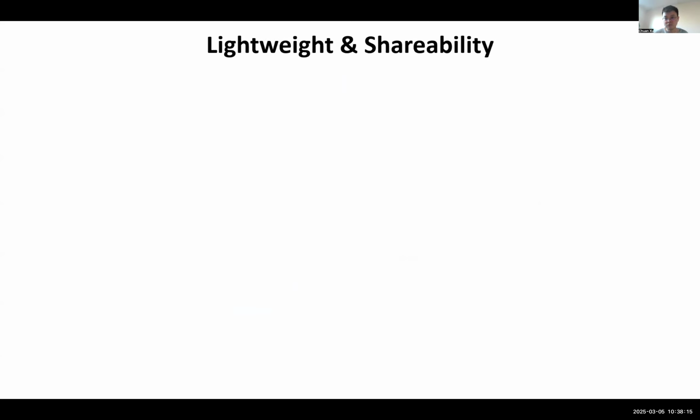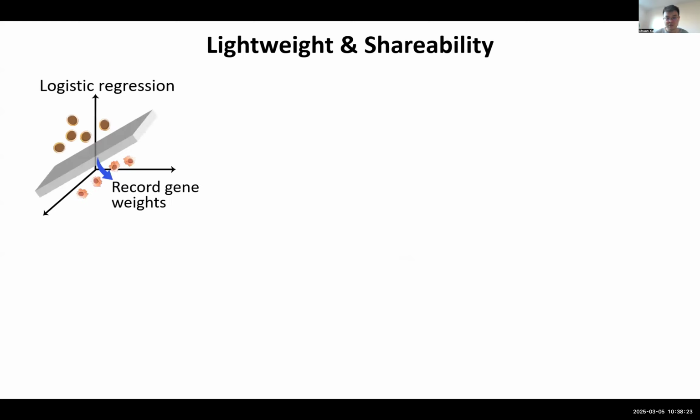In addition to interpretability, a good model is supposed to be lightweight and shareable. And CellTypist has such a property because, using logistic regression for each cell type, instead of recording a long expression vector, we only recorded the gene weights, thereby reducing the size of the model.